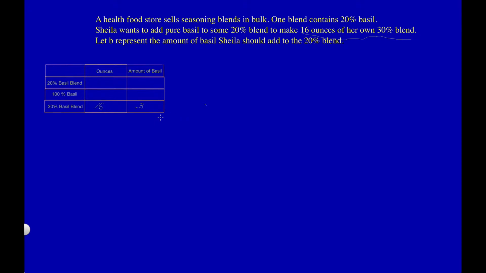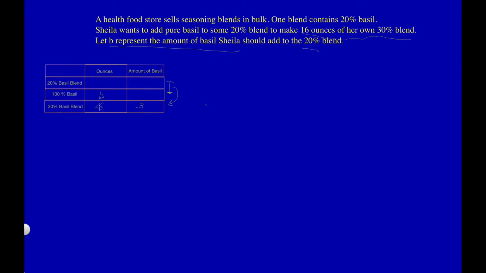Now we'll fill in some of the other ones. B represents our 100% basil number of ounces. Our 20% basil blend is going to be such that when you add these together, it equals the 30% basil blend.